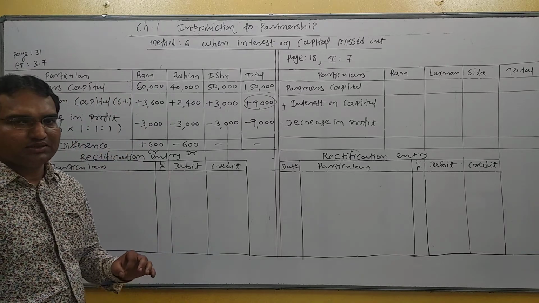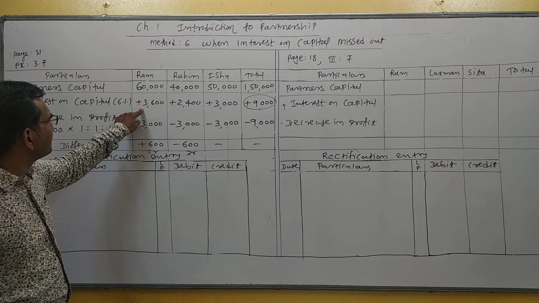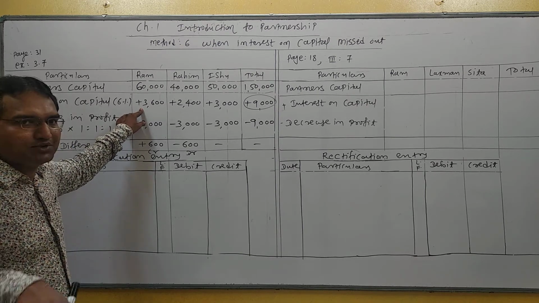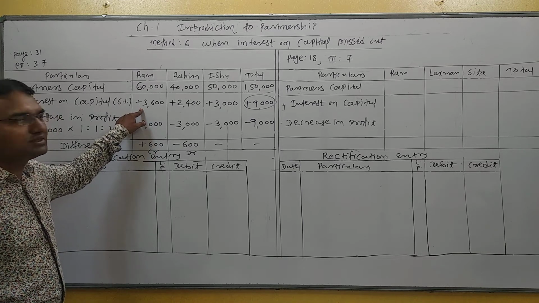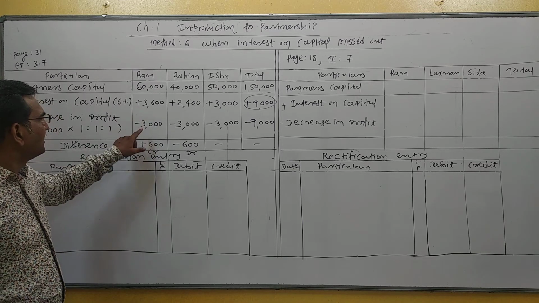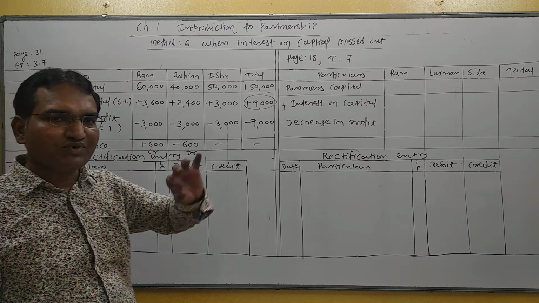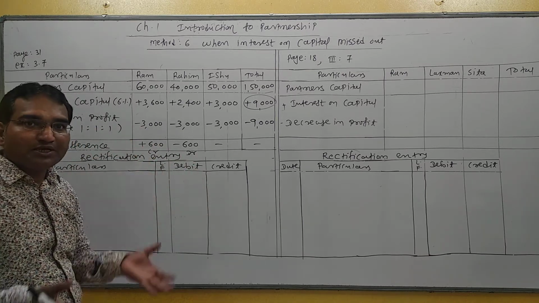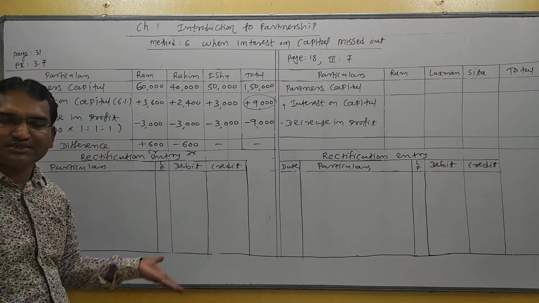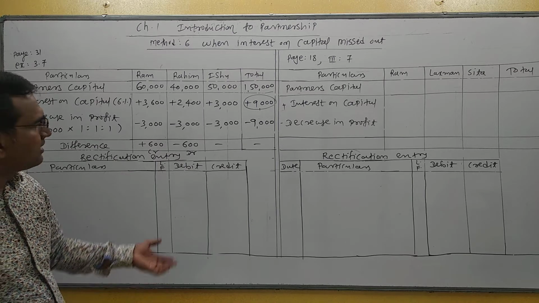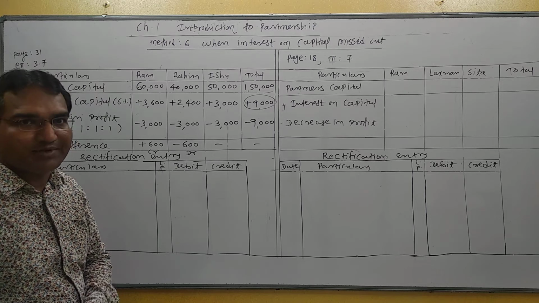So be careful here. Previously, interest on capital of 3,600 was not added into capital. That means 3,600 was not received, and due to this adjustment 3,000 is less from capital. So finally Ram's capital increases by rupees 600, and capital increase means capital account is credited. And here Rahim's capital decreases by 600, so capital account is debited.